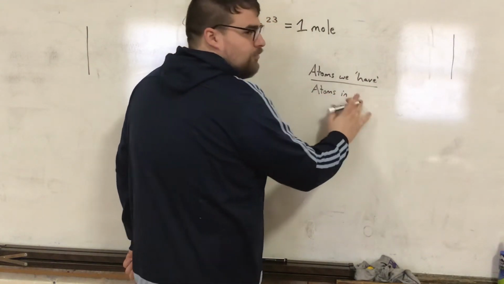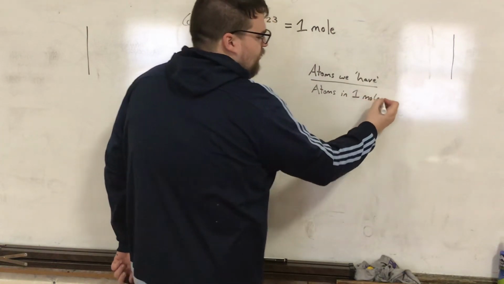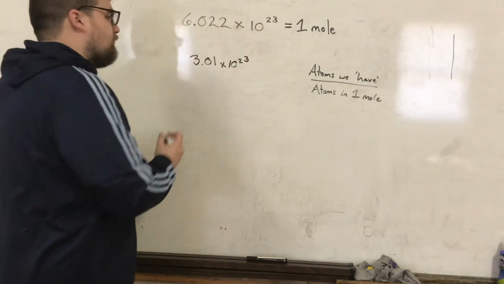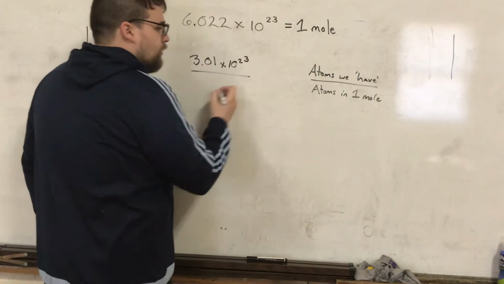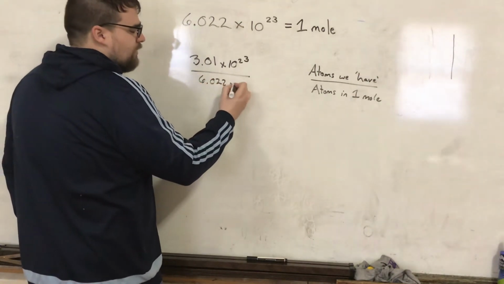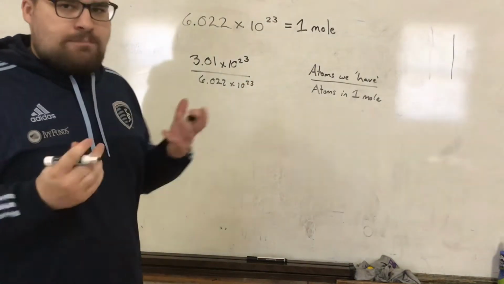I don't know why I wrote the number sign before the 1 there. That makes no sense. But the number of atoms in 1 mole. So that would mean we have 3.01 times 10 to the 23rd. In 1 mole, there's 6.022 times 10 to the 23rd.